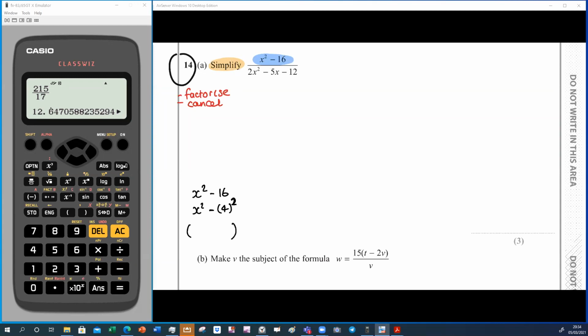We copy the x minus 4 down. We drop the x down, drop the minus down, drop the 4 down. Then what do we do next? We repeat it, change the second minus into a plus. Absolutely. So we have x minus 4, x plus 4.